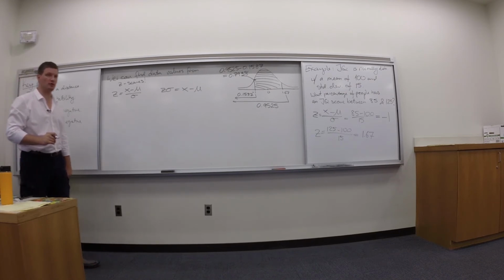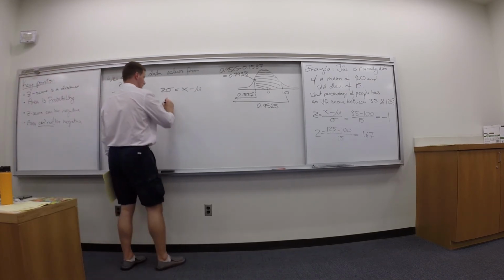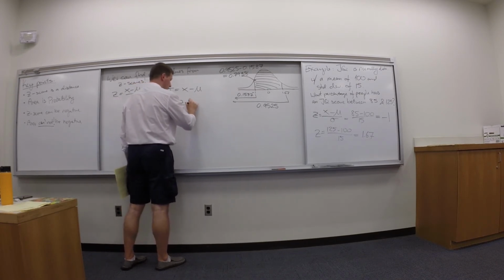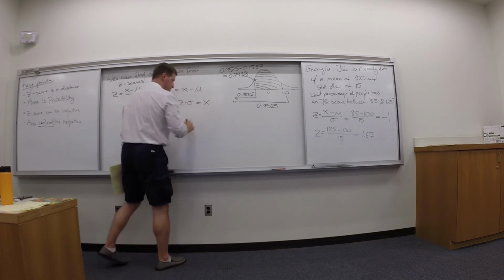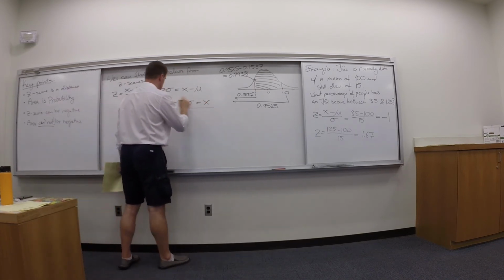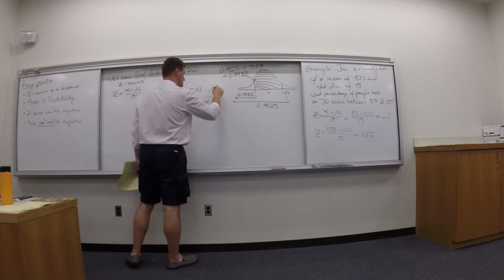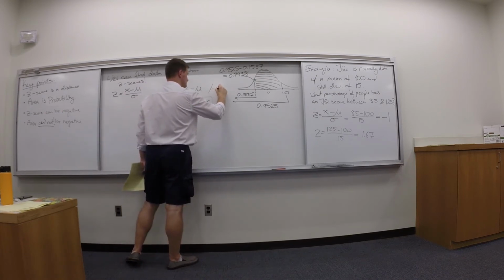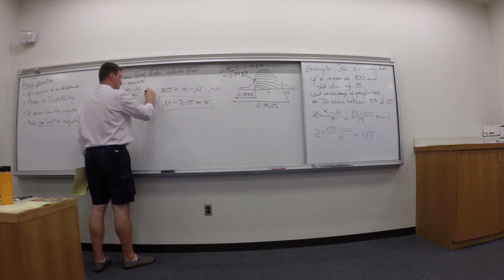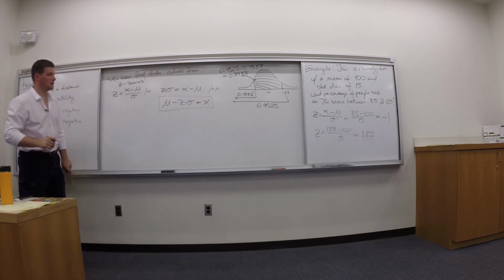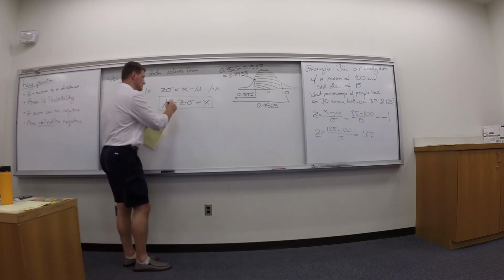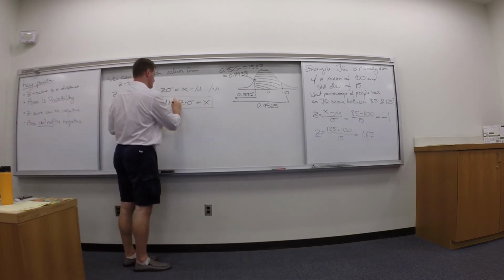Then I add mu to both sides, so I get x equals mu plus z-score times sigma.